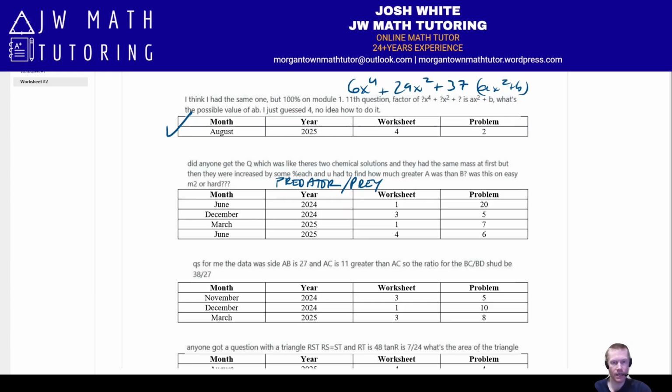This one, it appears, asked for the actual greater than, not the percentage greater than, meaning multiplied by what number, a factor of what. So just be aware, the last step might be different in how you solve it, but the initial setup and initial steps are all the same.